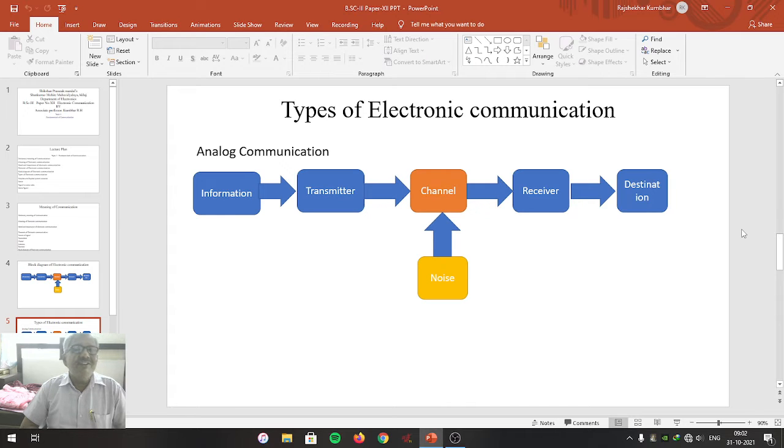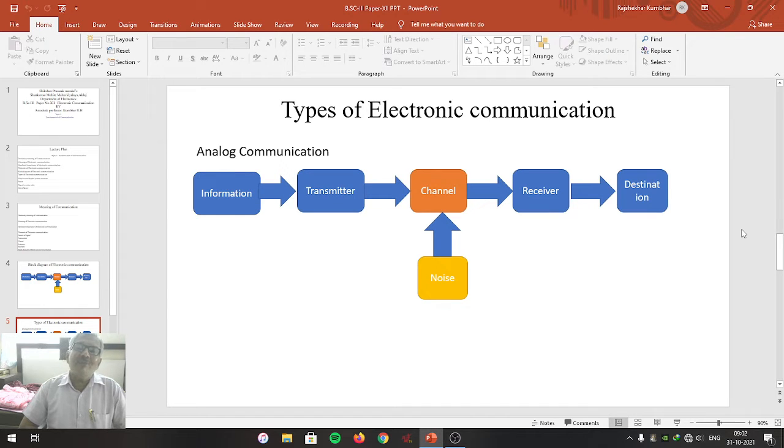We are extending the same, or we can say we are continuing the same, to proceed with the topic of electronic communication, and that is, today we are going to consider the article known as types of electronic communication.